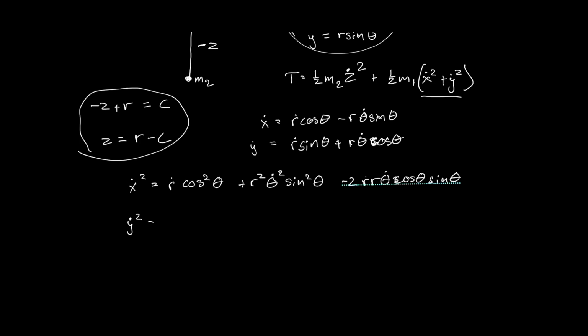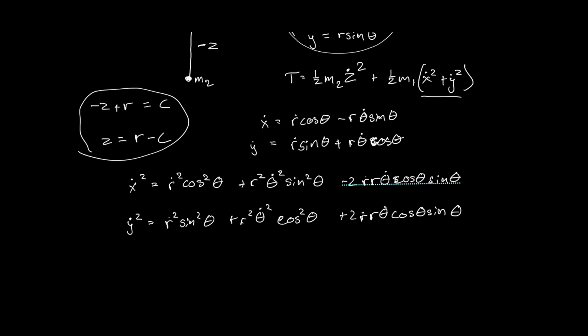Now we'll do our y dot. y dot squared is r dot squared sine squared theta plus r squared theta dot squared cosine squared theta plus 2 r dot r theta dot cosine theta sine theta.